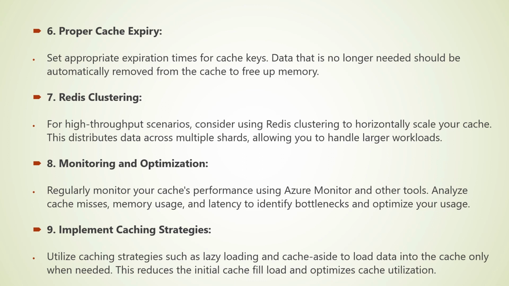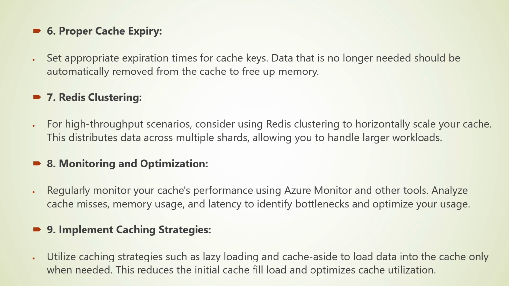Monitoring and optimization. Regularly monitor your cache's performance using Azure Monitor and other tools. Analyze cache misses, memory usage, and latency to identify bottlenecks and optimize your usage. Implement caching strategies. Utilize caching strategies such as lazy loading and cache aside to load data into the cache only when needed.